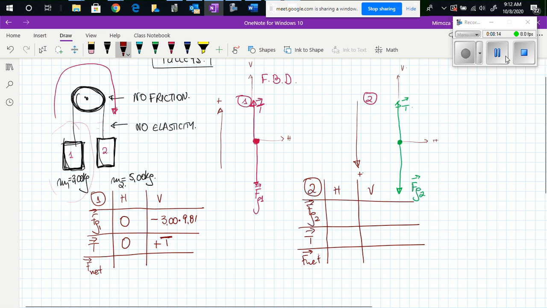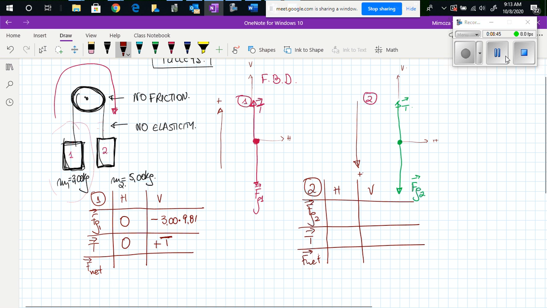So we don't know what T is. Now, in the horizontal direction, the object is not moving. It's the same idea as we said at the incline, that in the vertical direction the object is not moving, because another assumption we are making here is that no wind is affecting the motion of the pulley. So there is no wind to push the pulley or the object in the horizontal direction.